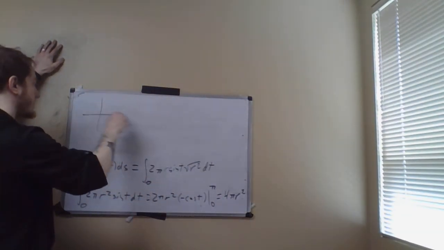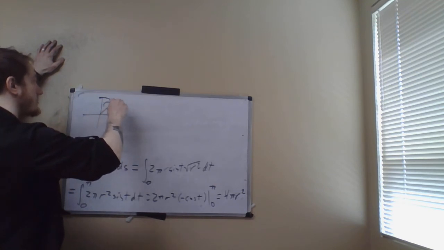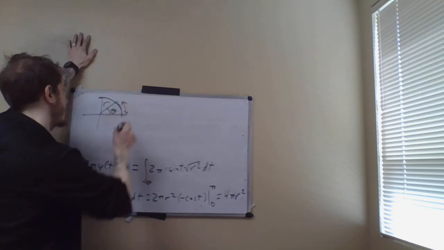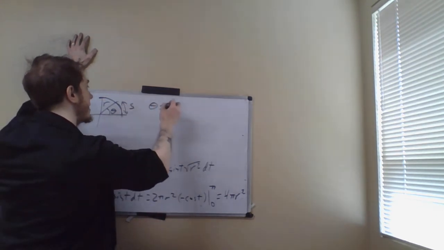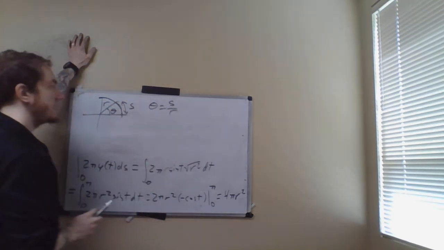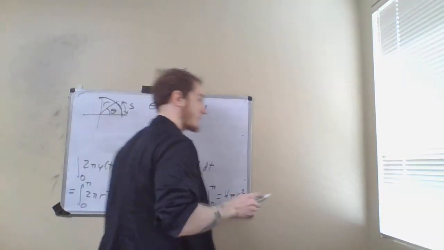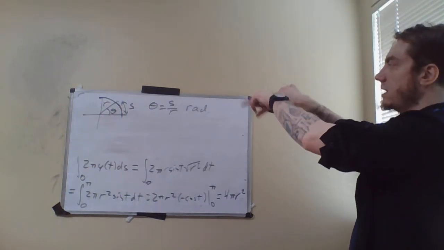For radians, if I have a circle of radius r, then this angle theta is given by the distance s along the edge, and theta is the arc length divided by the radius in radians. Well, there is a similar way to measure angles that are sort of double angles.